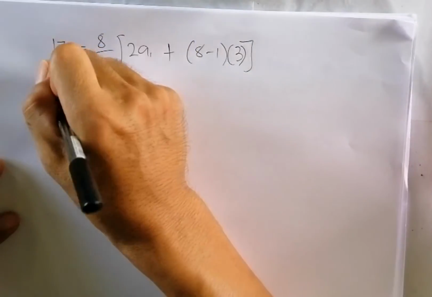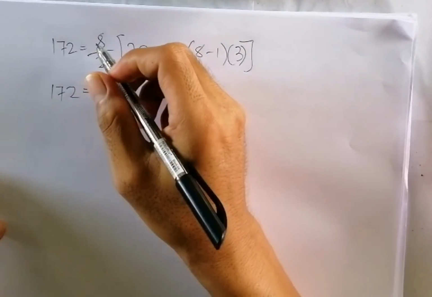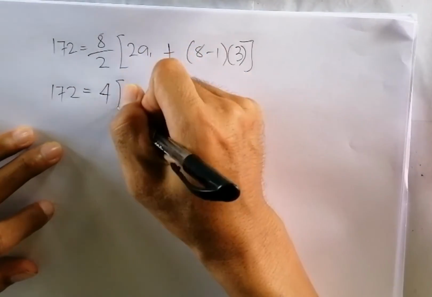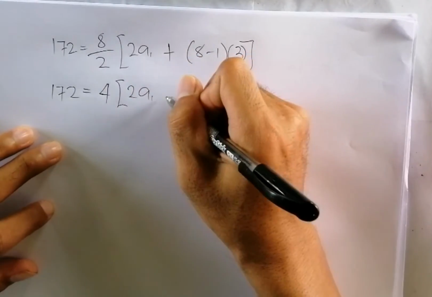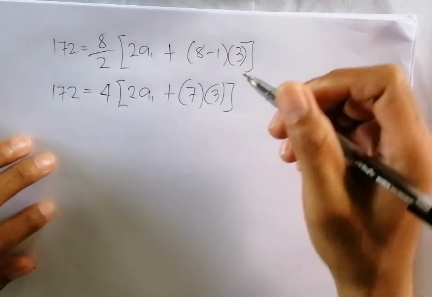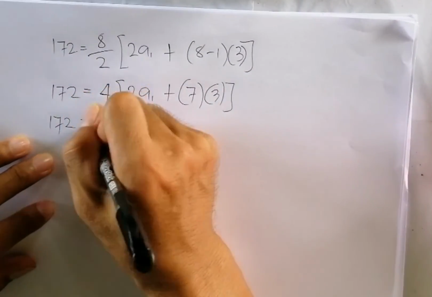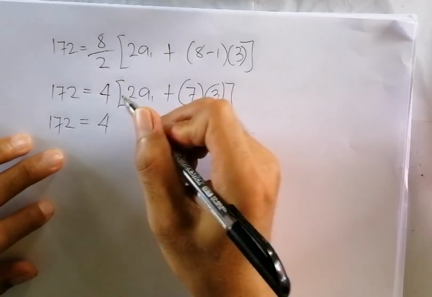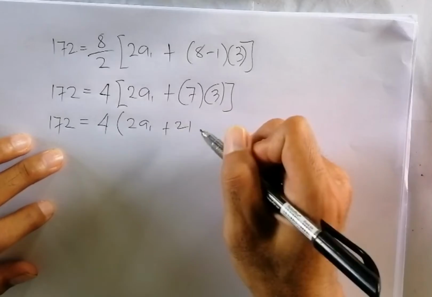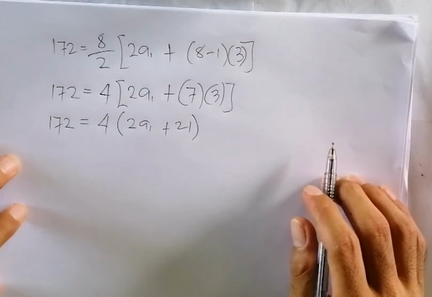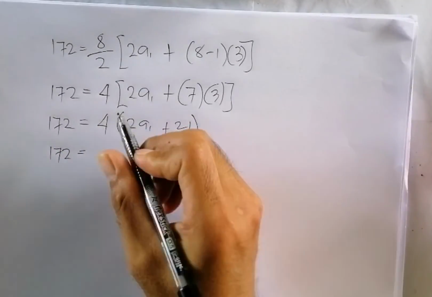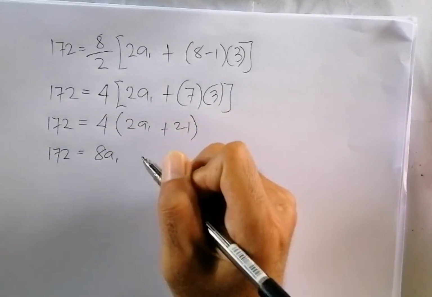Okay, so we have 172 is equal to, okay, we can divide 8 divided by 2, this is 4. Then 2 times the first term plus, so 8 minus 1 is 7 times 3. So that is 172 is equal to 4 times 2 times the first term, then 7 times 3 is equal to 21. Then the next step is to distribute 4. So 4 times 2a is 8a.